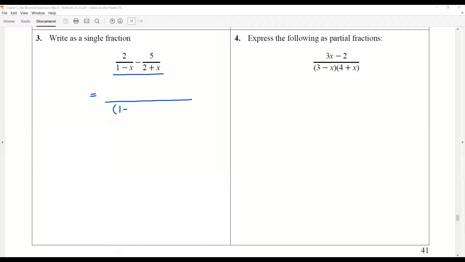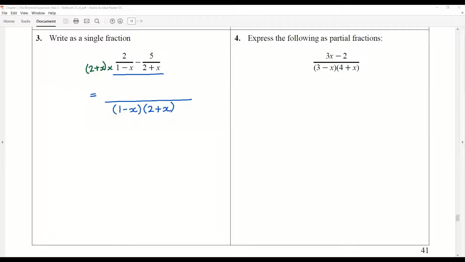So we have 1 subtract x and 2 add x. And just to go over the argument again, if I want to find the common denominator, the fraction on the left-hand side, I'm forced to multiply this by 2 plus x, because that's the factor that is missing at the moment in the denominator.